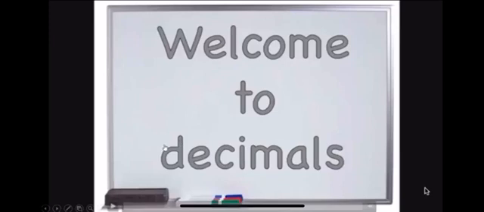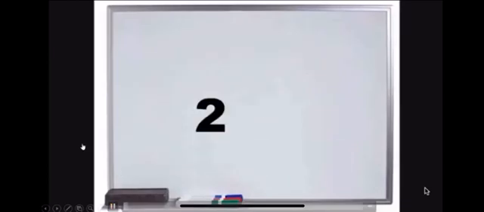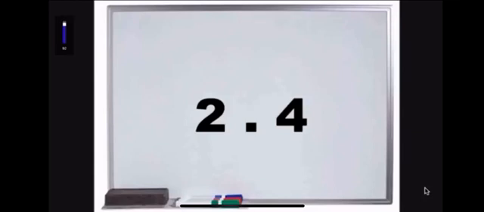Let's see this video together to have a summary for this lesson. Welcome to decimals. We're used to seeing numbers like this. But what about this? This dot here shows us that this number is not 24. This is our whole number, or our unit.